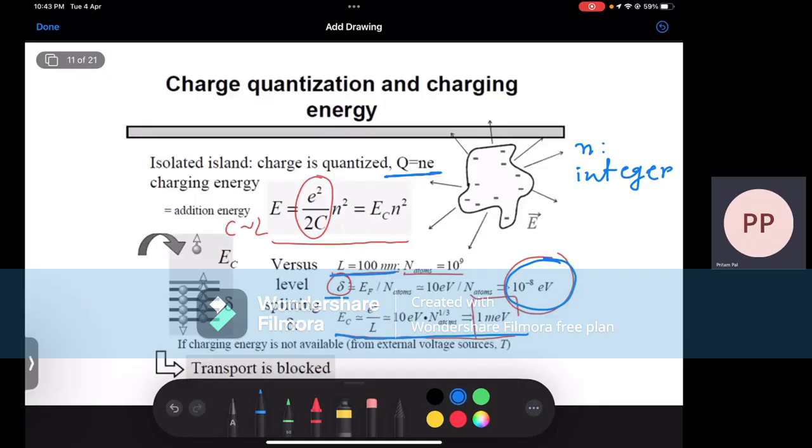So C is proportional to L, and the charging energy for a 100 nanometer island can be about a millivolt, and that's much larger than the Fermi energy of this small number of particles.